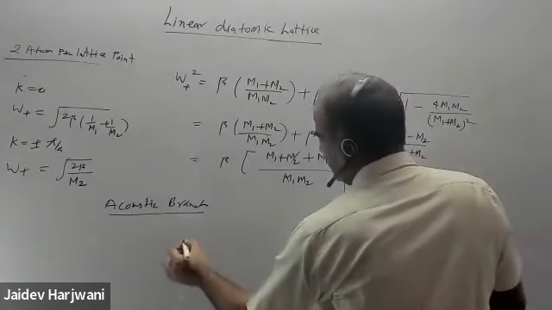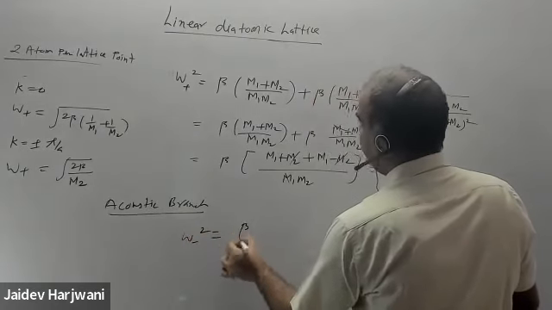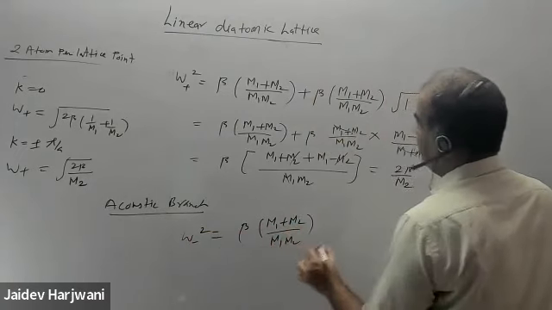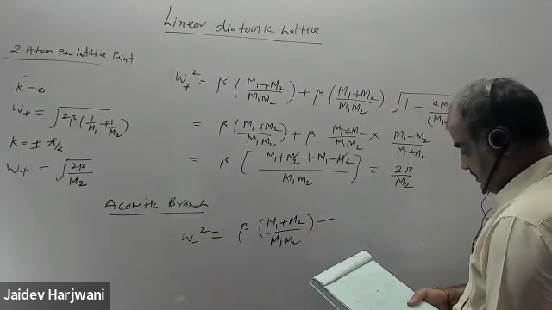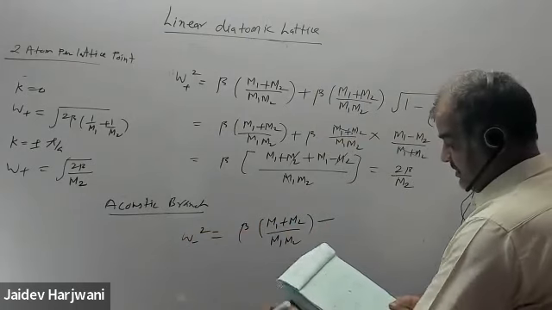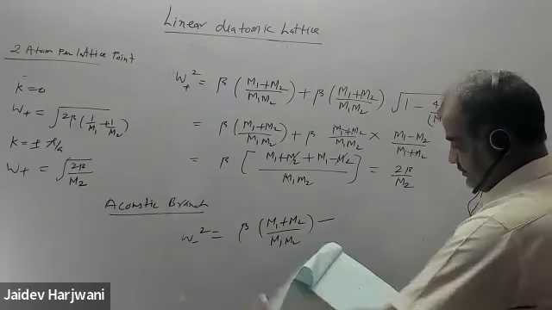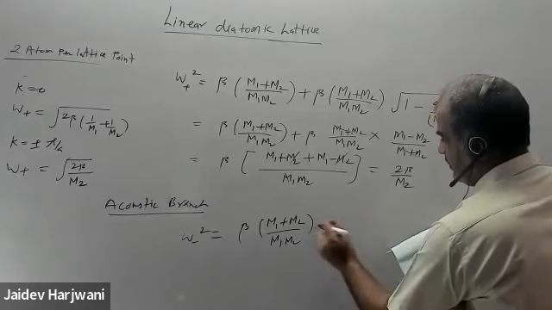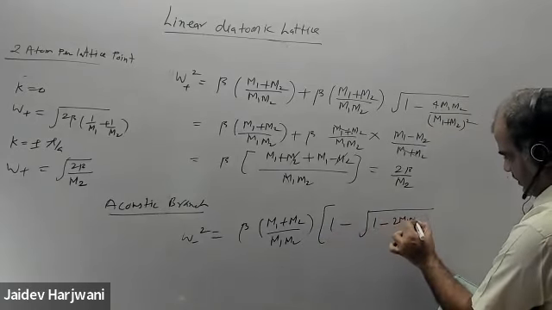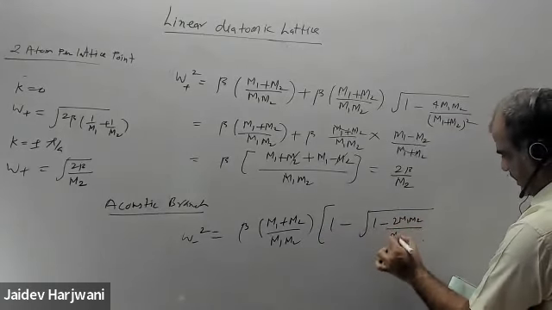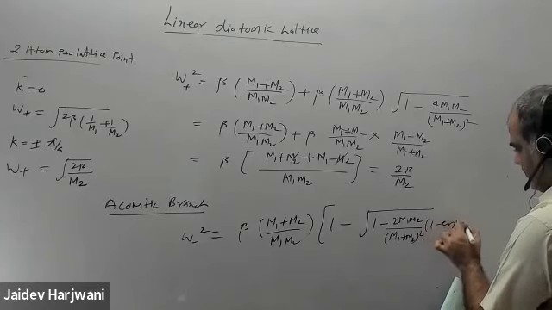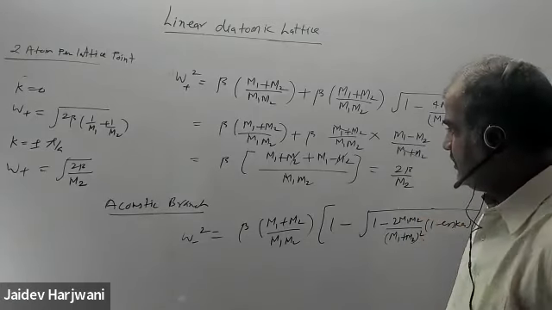Omega minus square will be beta times m1 plus m2 over m1 m2, minus the same expression, just with a minus sign here, under the root: 1 minus 2 m1 m2 over m1 plus m2 whole square, times 1 minus cos k. So this is your acoustic branch.